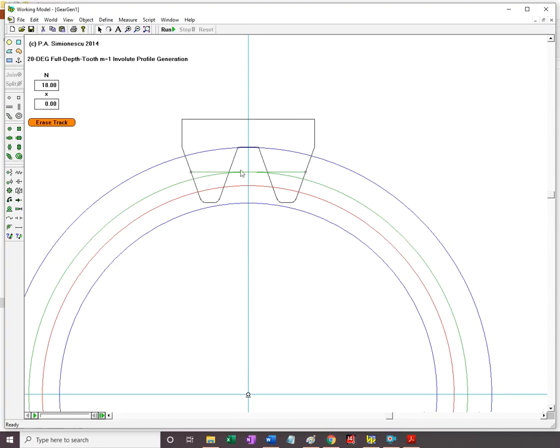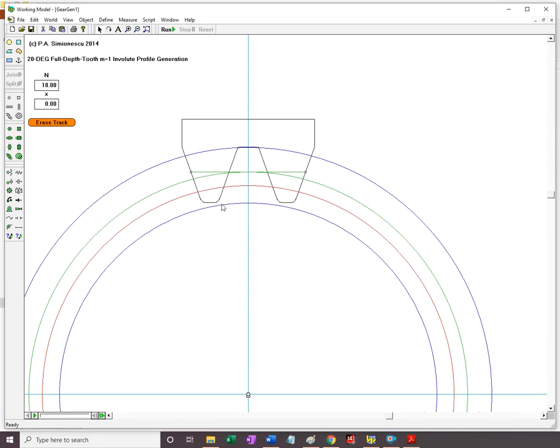This is called the reference line of the generating rack, and the length measured between this point and this point on the rack is equal to the circular pitch of the future gear. So if I take this length and divide the circumference of the pitch circle of the future gear, I'll get the number equal to the number of teeth.